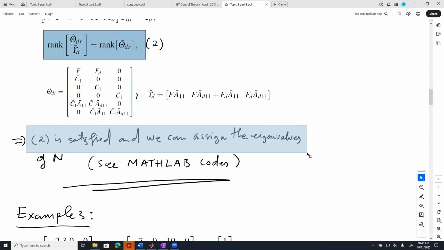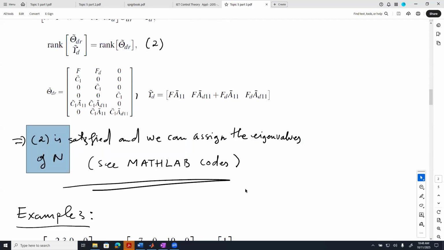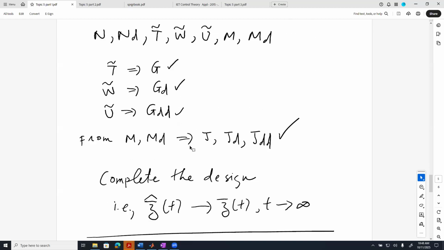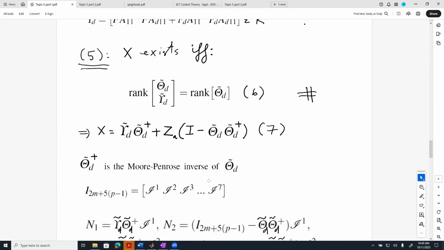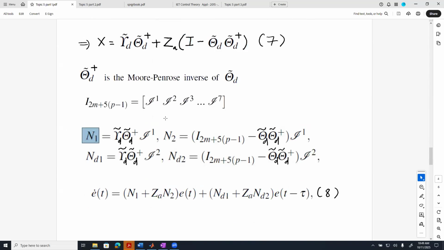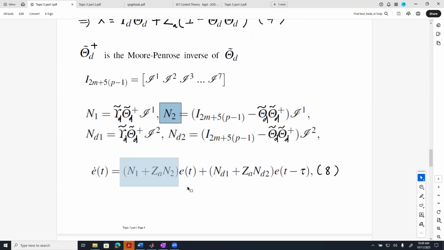The other thing is that we can assign the eigenvalues of the matrix N anywhere we like, because when we solve for the solutions in here and use the extra degree of freedom in this matrix here, we can actually have the pair N1 and N2 observable for this example. And third, we can assign the eigenvalues of matrix N anywhere we like. By the way, it is an observer without internal delay.